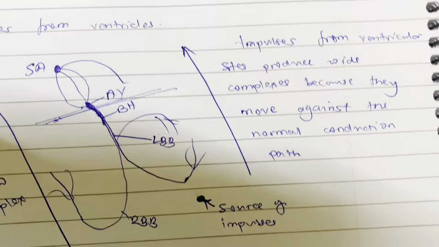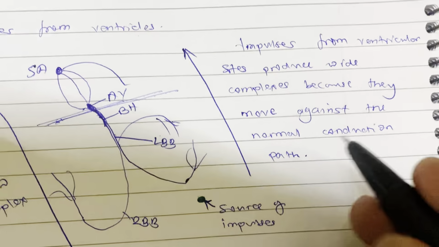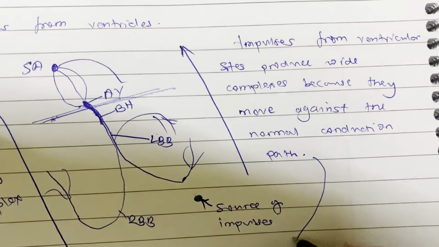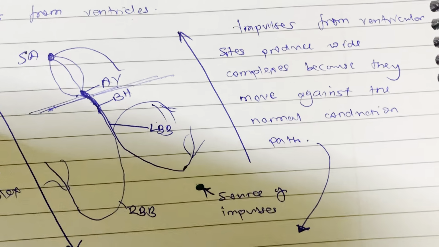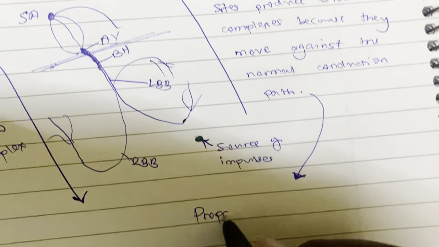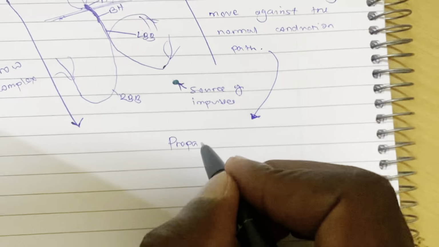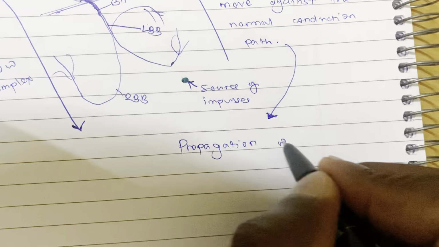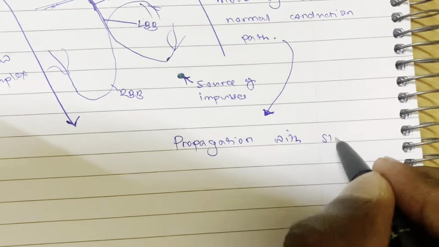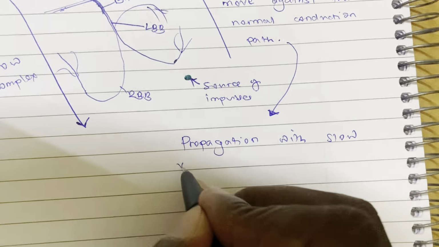This is not the normal, so it is opposite. So what is the effect of moving against the normal conduction path? That is propagation with slow velocities.